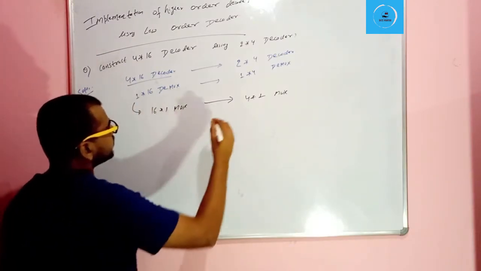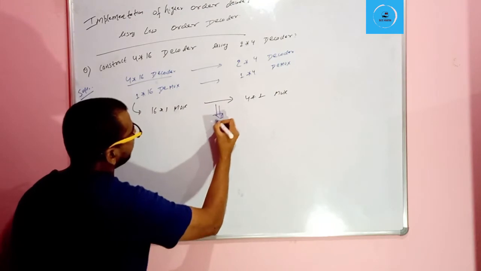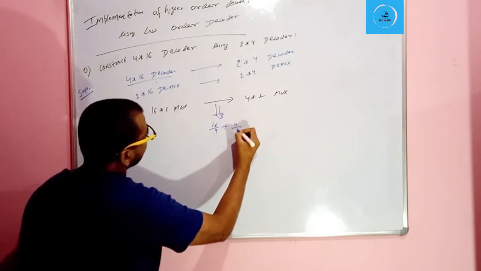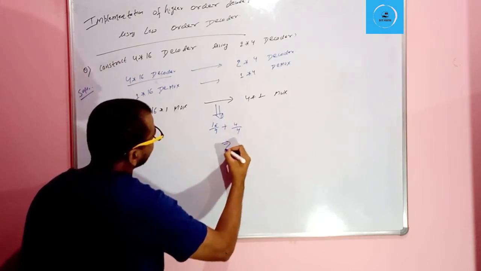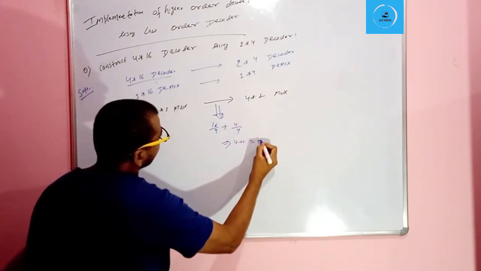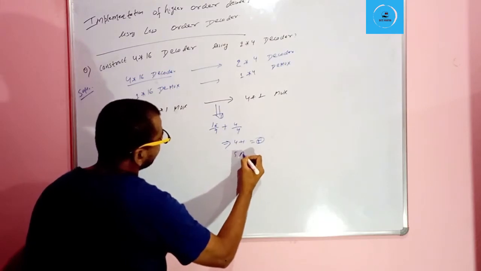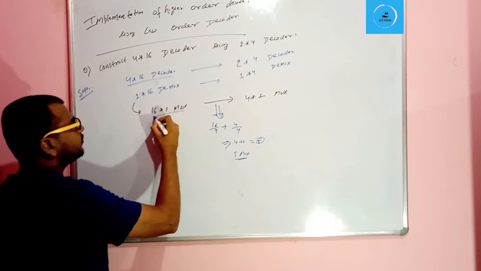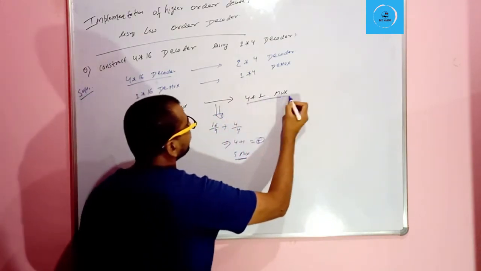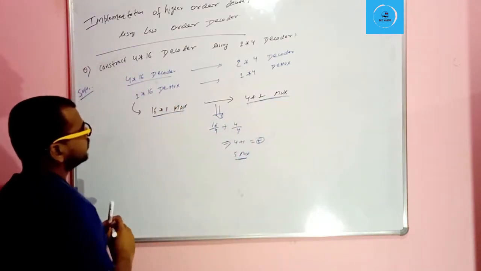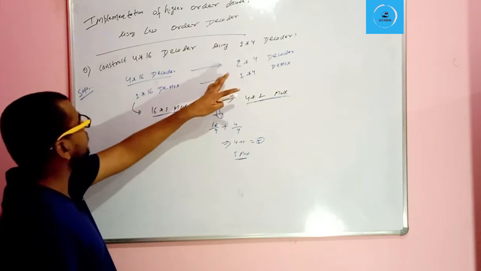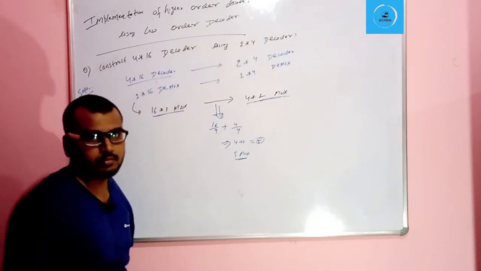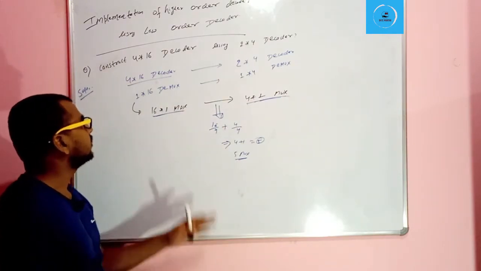So for constructing it, how many multiplexers do we require? 16 divided by 4, plus 4 divided by 4, equals 4 plus 1, which equals 5. So 5 muxes will be required to construct the 16:1 mux using the 4:1 mux. So 5 demuxes are also required to construct the 1:16 demux using 1:4 demux. Observe what I am saying.